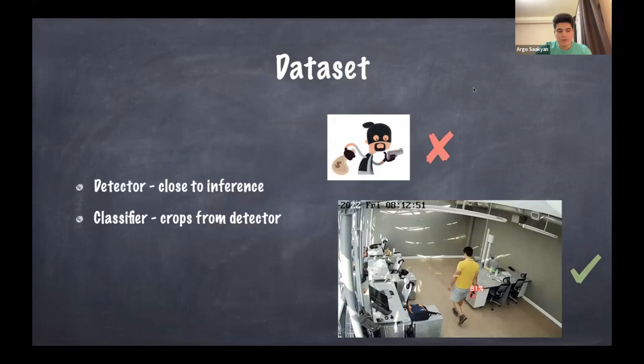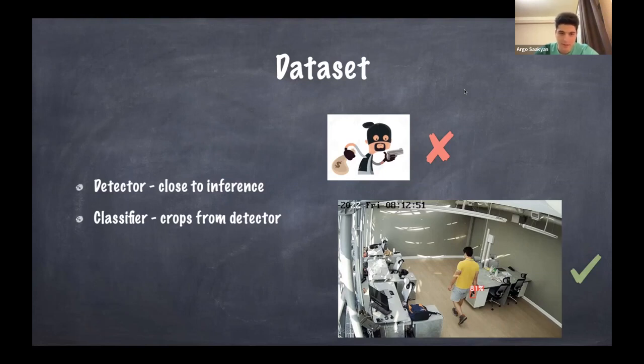A couple of words about the dataset. There are general rules that you should know about. Of course, you should remember to collect a balanced, diverse, representative dataset, have good and consistent labeling, and so on. But I want to mention a couple of specific things.